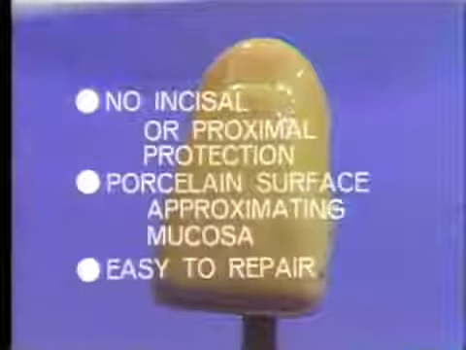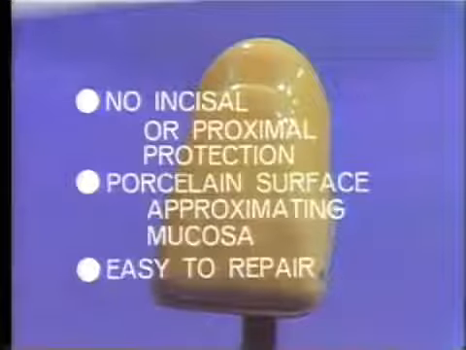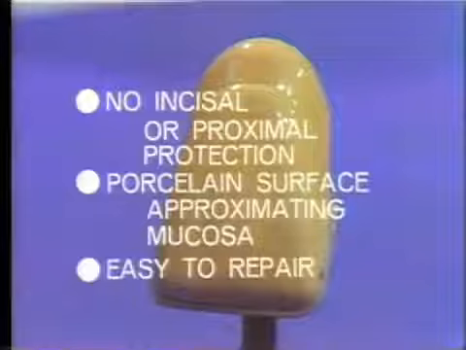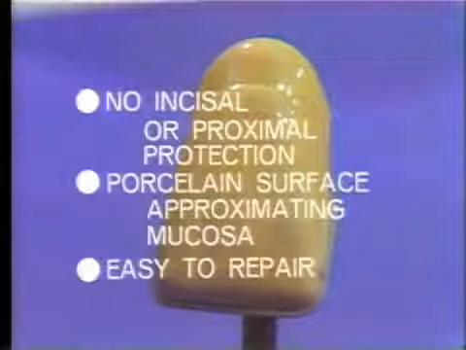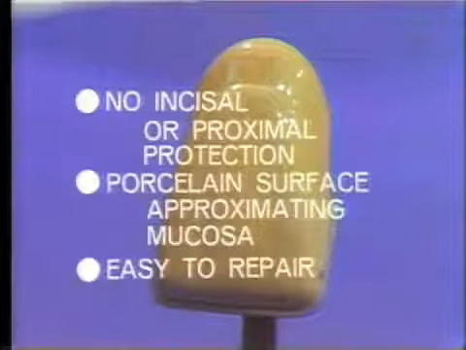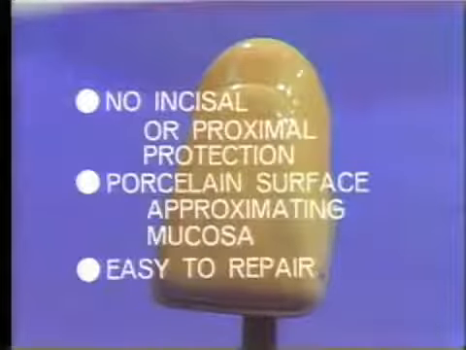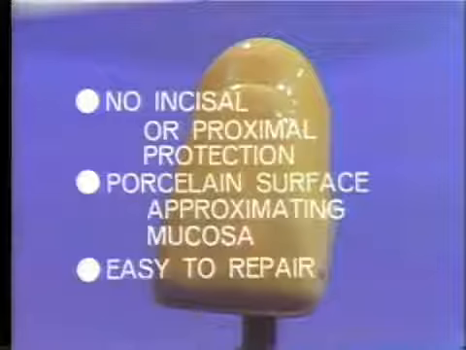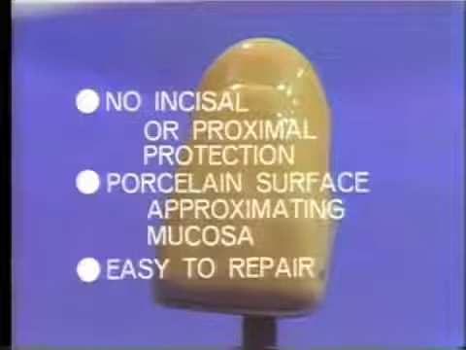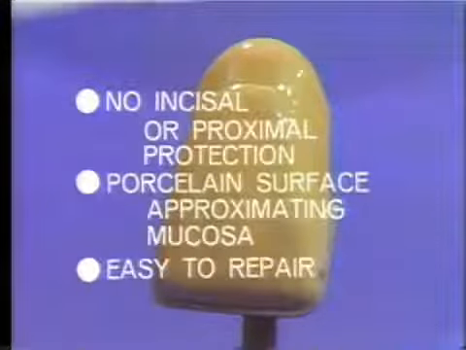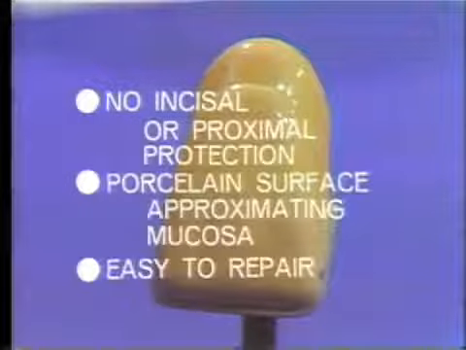One disadvantage is that in the anterior region it's not possible to develop incisal or proximal protection with this type of Pontic. An advantage in all situations, of course, is porcelain surface approximating the mucosa. And in addition, this type of Pontic is comparatively easy to repair, as we have already discussed.